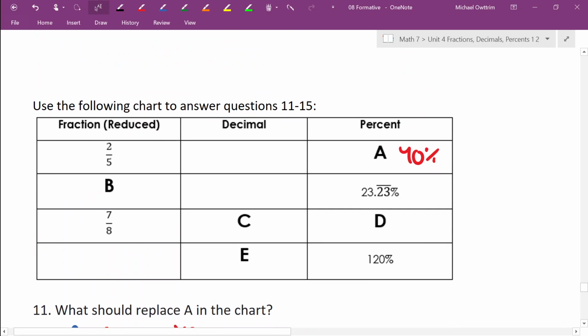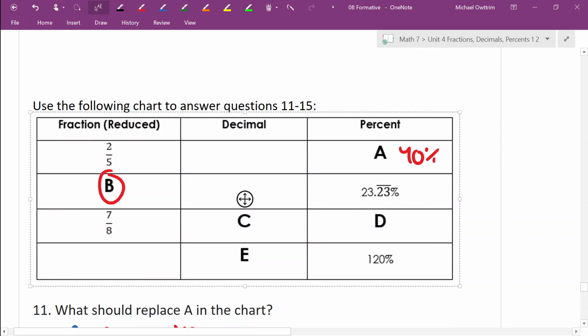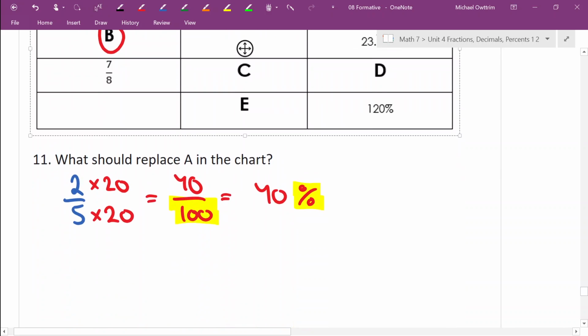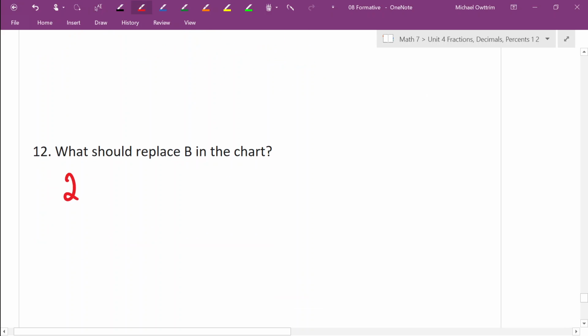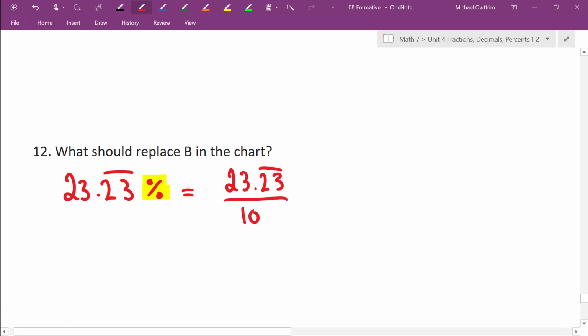B in the chart, B is in the second row, and we start with this repeating percent, 23.23 repeating percent. And of course, we can replace that percent with out of 100. And we know that dividing something by 100 moves the decimal 2 spaces to the left. 1 space, 2 spaces.